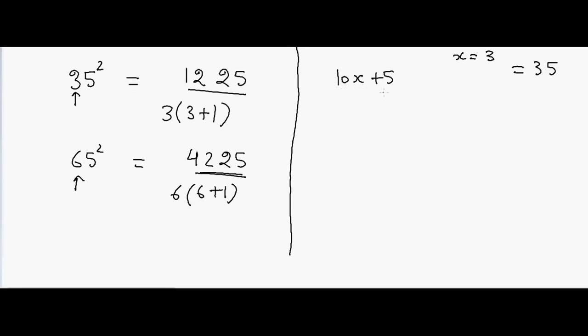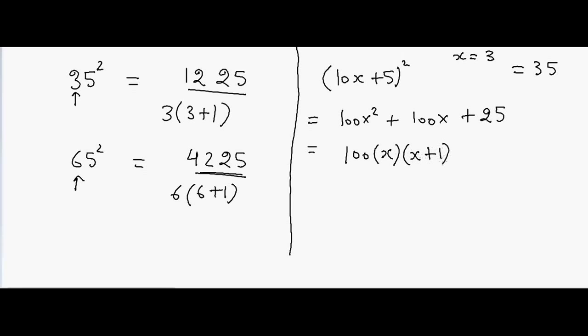Suppose we have 10x plus 5 and we want to do a square of it. That will be equal to 100 x square plus 100x plus 25.